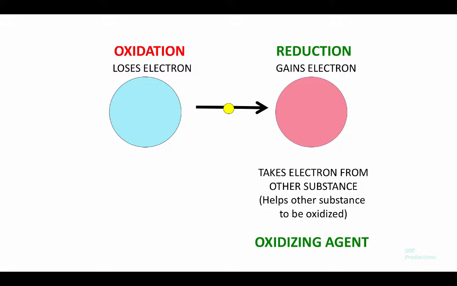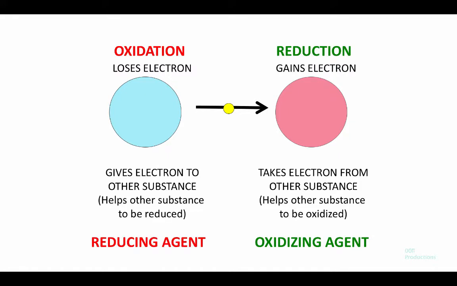So this substance that gains the electron is called the oxidizing agent, or sometimes the oxidant. It is what causes oxidation to happen in the other substance. So we have a substance which is undergoing oxidation, which is also the reducing agent because it causes the other thing to be reduced.